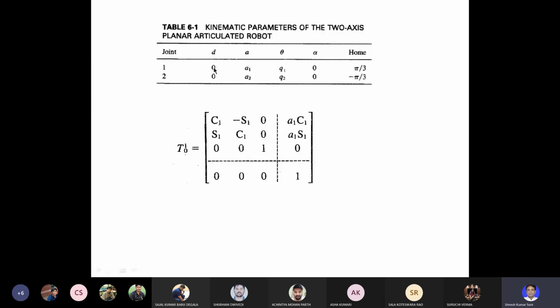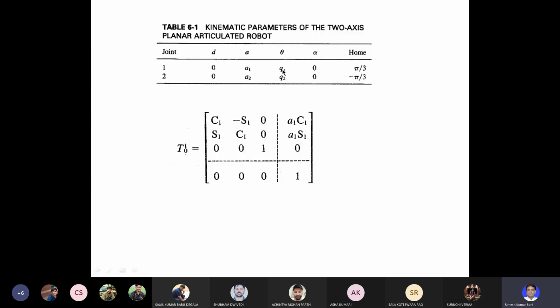So here d is 0, the variable length is 0, and a1 is fixed, the length of link 1 along the x-axis.